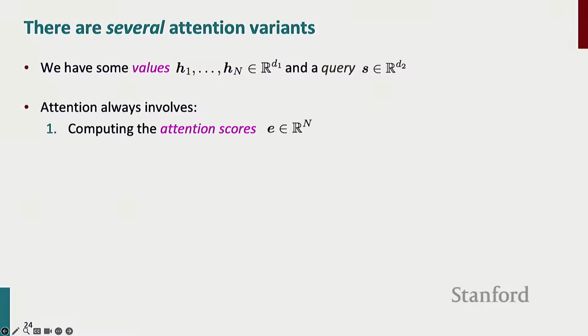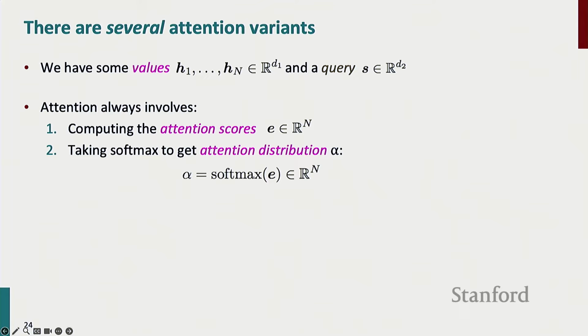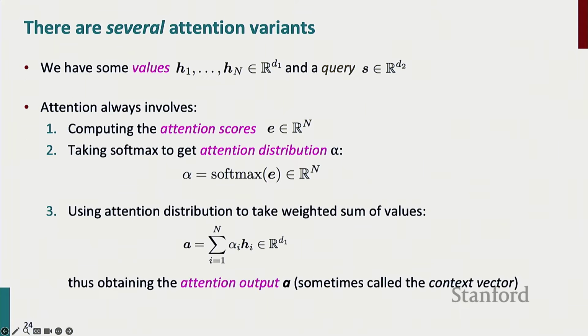So attention always involves computing some attention scores and taking the softmax to get an attention distribution and then getting an attention output. But the part where there's variation is how do you compute these attention scores? And a number of different ways have been done for that. And I just want to go through that a little bit.